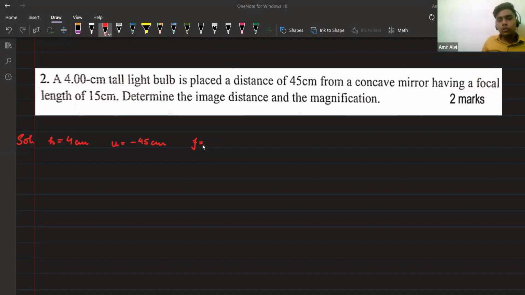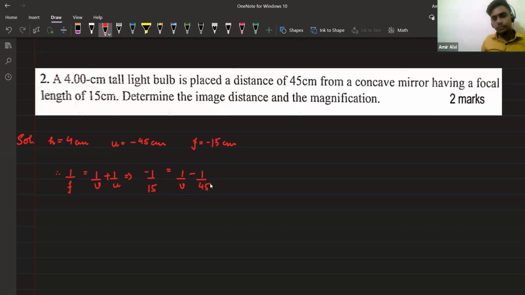So focal length would be negative 15 centimeter. Using the formula, that is 1 by f is equals to 1 by v plus 1 by u. 1 by f is negative 1 by 15 is equals to 1 by v plus negative of 1 by 45.